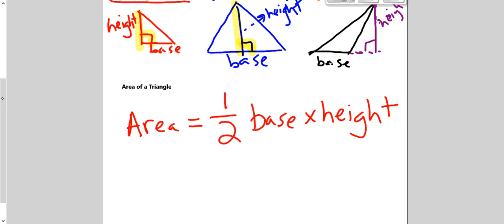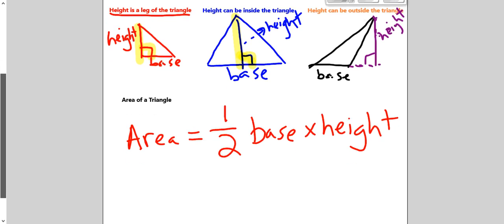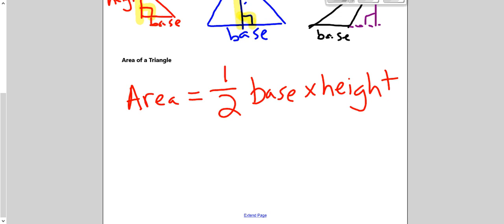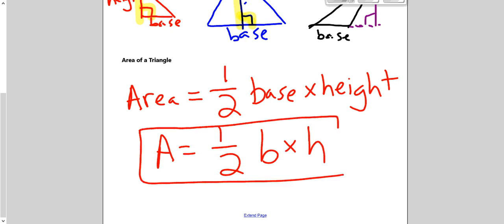Another way to do this is to say A equals 1/2 B times H. So this is the formula for finding the area of a triangle.